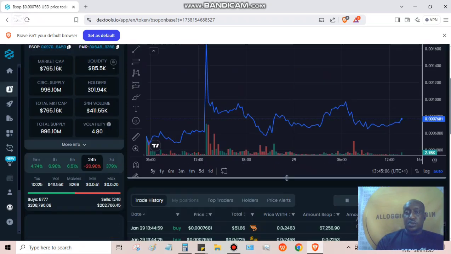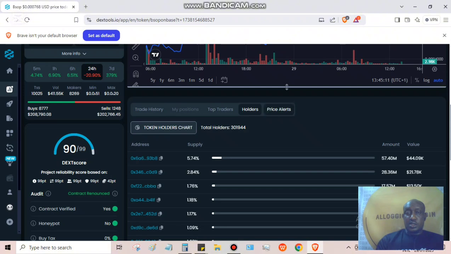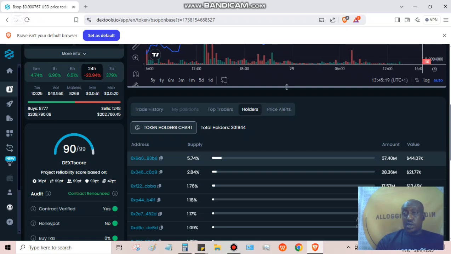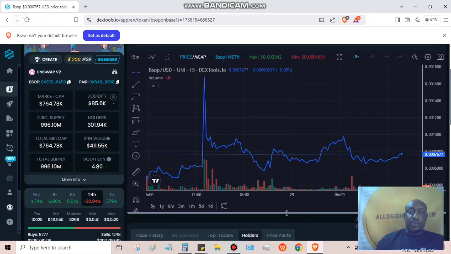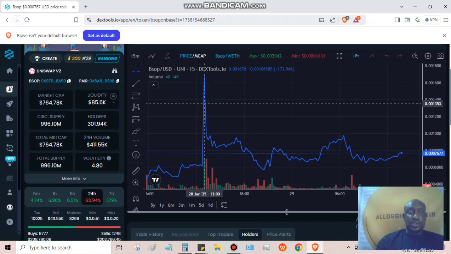So let's go and look at holders, top holders. Now you have one person already having 5.74%, which is not bad, and the value of the coin they are holding is $44,000. Now in comparison to the liquidity, that is already half.